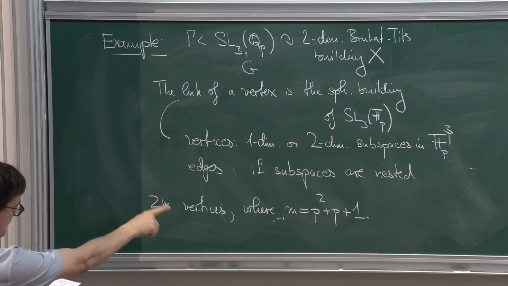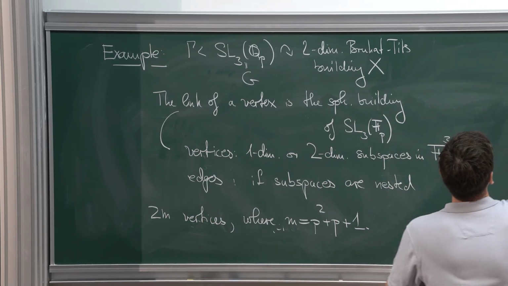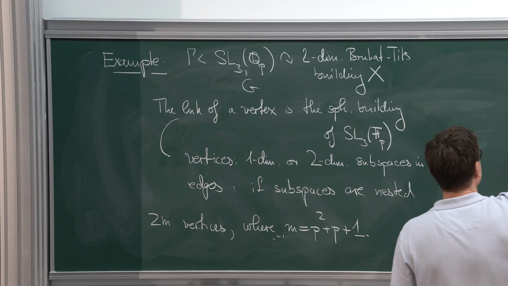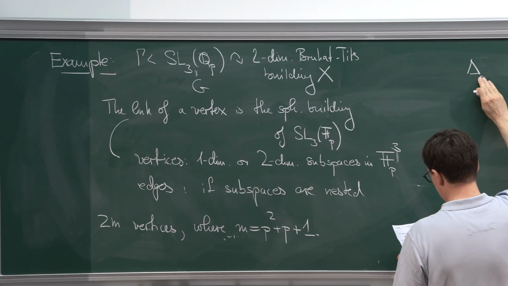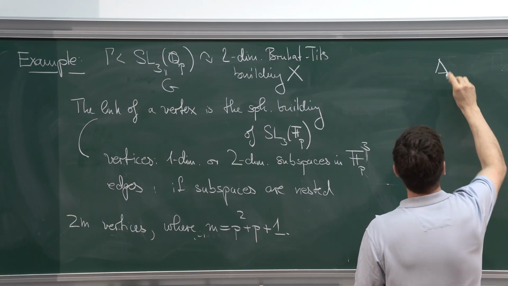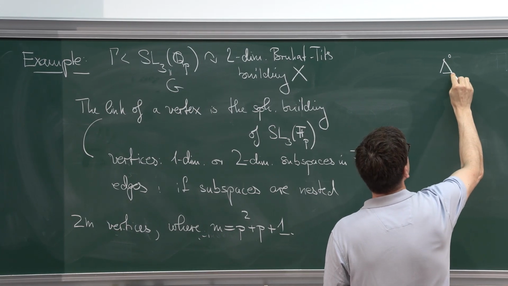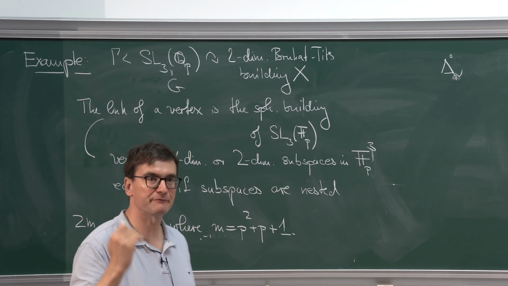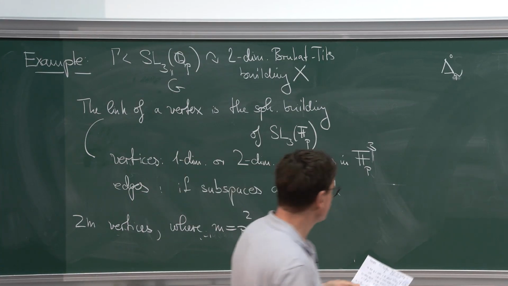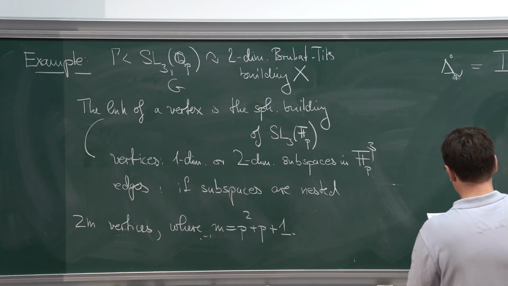You have that many vertices, and the Laplacian in degree 0, maybe I should write the link Laplacian. If I write it as a matrix, remember we had a formula for the graph Laplacian. And it's almost the same, and why it is not exactly the same, I will tell you in a second.